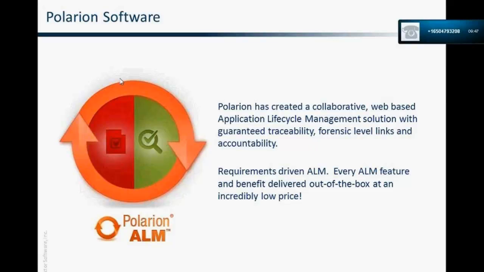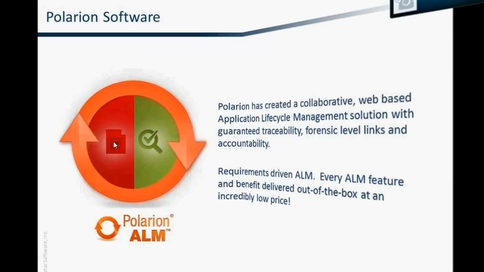So you've got the ALM, which can do everything, and you've got some other licenses, like, for example, requirements management, which is the red one, or QA, which is the green one. And these are only a subset of the ALM. So if you are a requirements engineer and you want to do requirements management, you would choose this license so you only get a subset of the features which are only important for you.